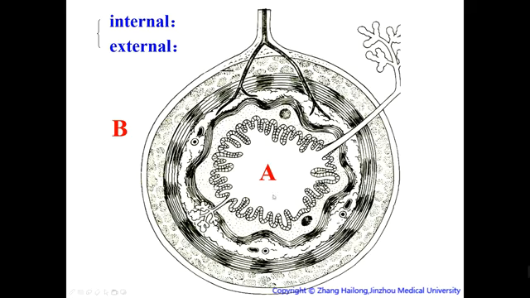If a structure is in the hollow organ, we name it internal. And if a structure is outside the hollow organ, we name it external. For example, blood is bleeding in the blood vessels, and if the blood vessel is broken, some blood will go out to the external side.